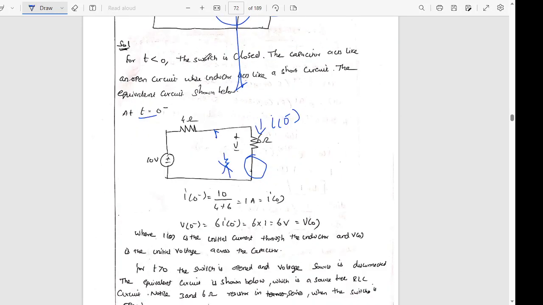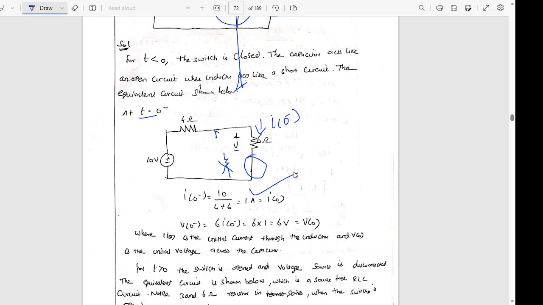Now I'll simply find the current I0. I0 equal to the total voltage by 4 plus 6, which is 10, just 1 ampere. So the initial current is 1 ampere. What is the initial voltage? The initial voltage is the voltage across the capacitor, which is equal to the voltage across the 6 ohms.